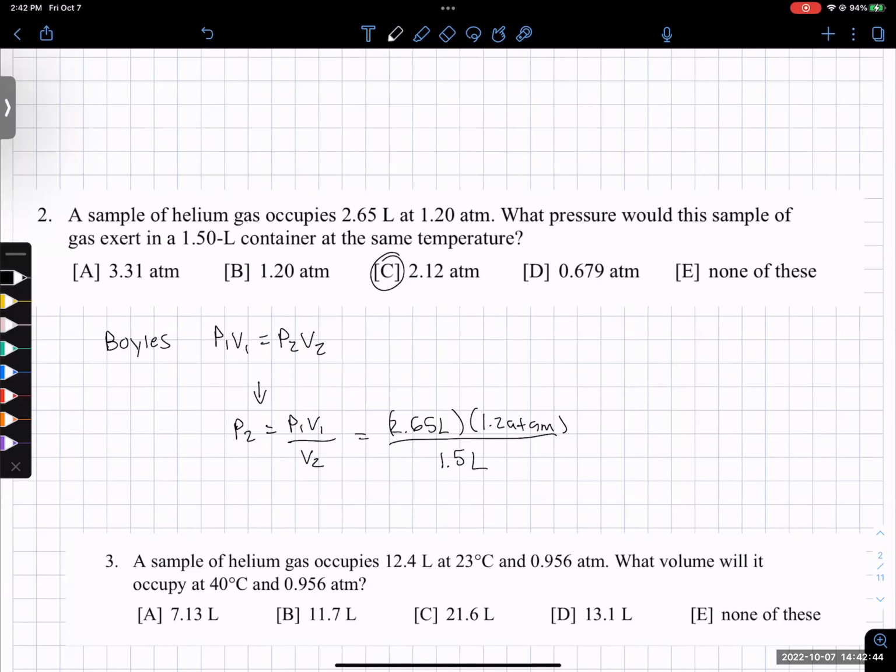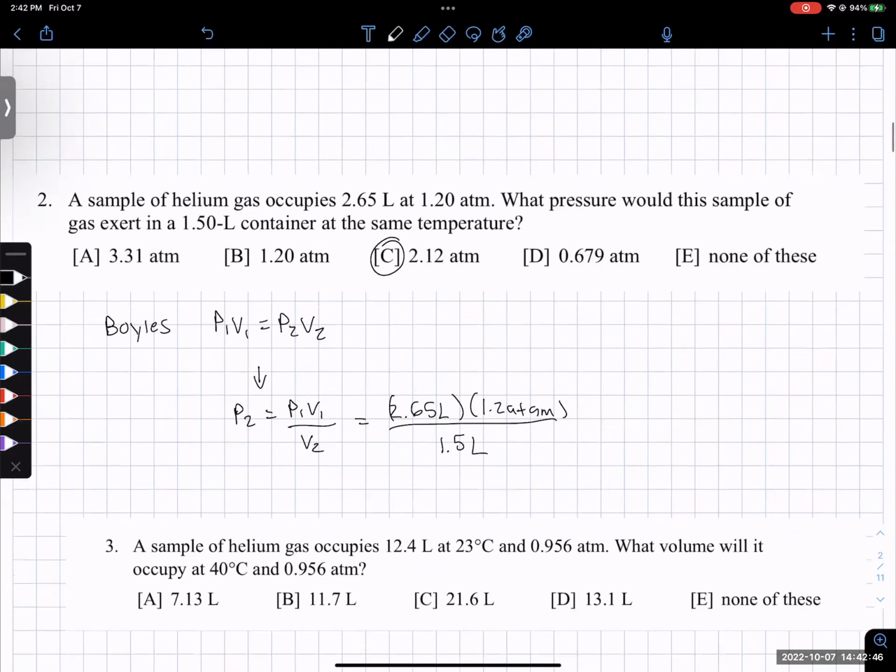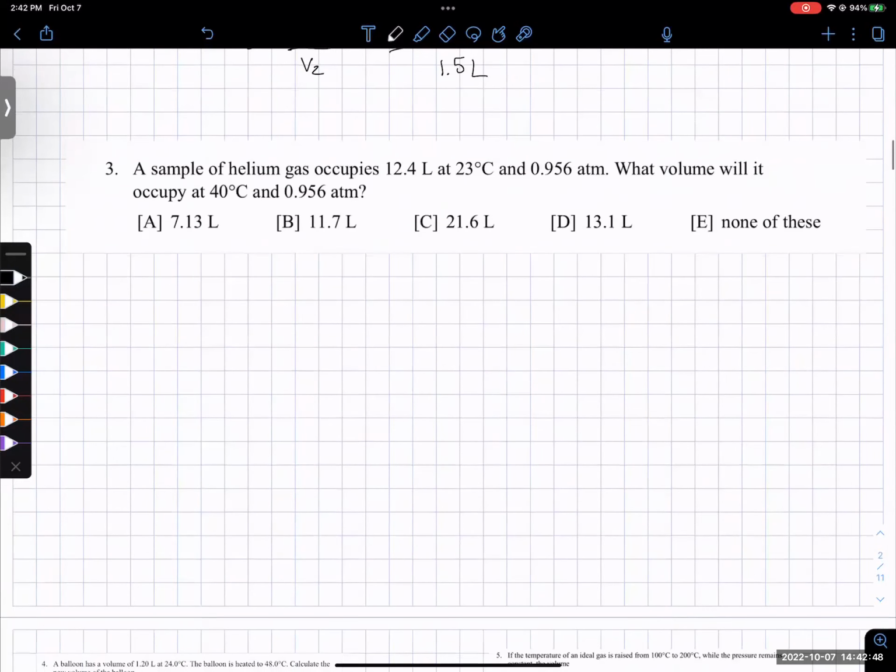Let's go ahead and do number 3. I'm going to give you all a couple seconds to try to work this one. In addition to solving the answer, make sure you tell me what equation, and the name of the equation, you would want to use here.